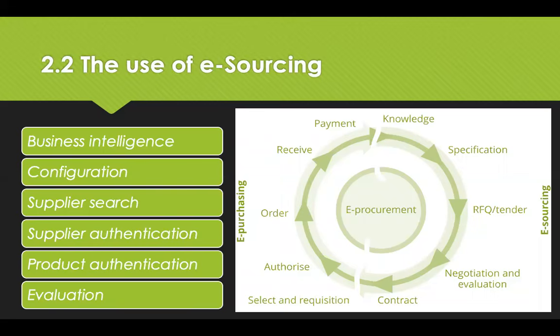You could even negotiate using e-sourcing, especially if you've got a module for e-auctions. That's another module on the back of an e-tender or an e-quote. But even then, you could just do online evaluations if you were looking at static bids, all the way through to developing a contract for signature. And this offers improved productivity through efficiency, but they are expensive to install.